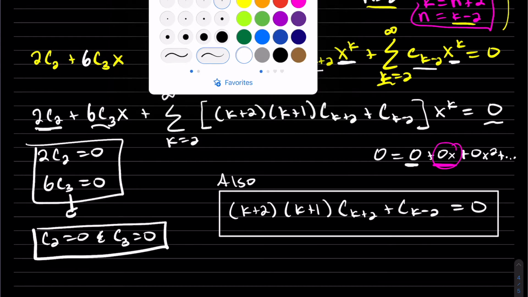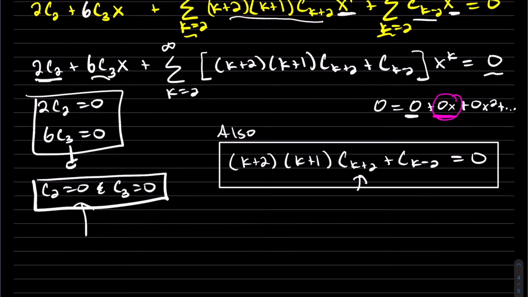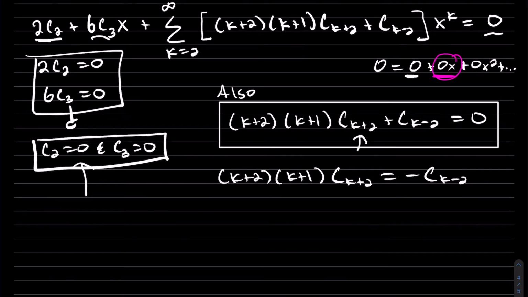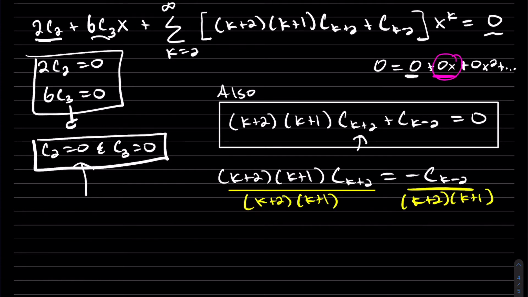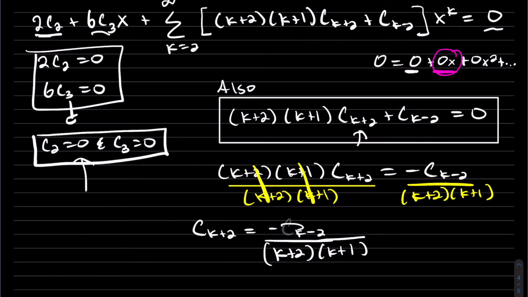I'm going to try to solve for the bigger one in terms of the smaller one, because we have some of the smaller ones and we'll be able to work our way up. Clearly I want to divide by what's in front. And I do want to bring this out here to the right so that we can just have a coefficient in front of this.